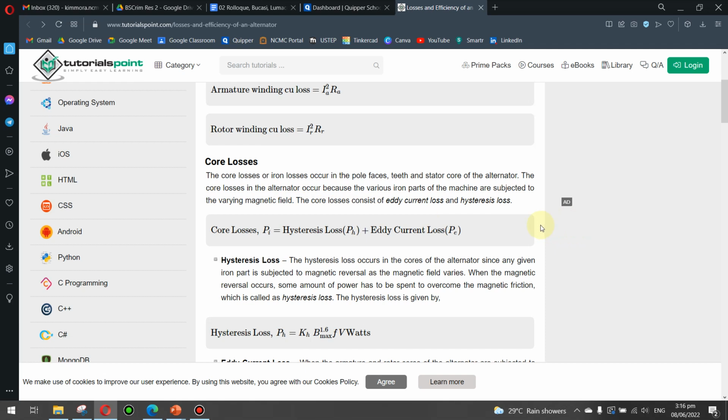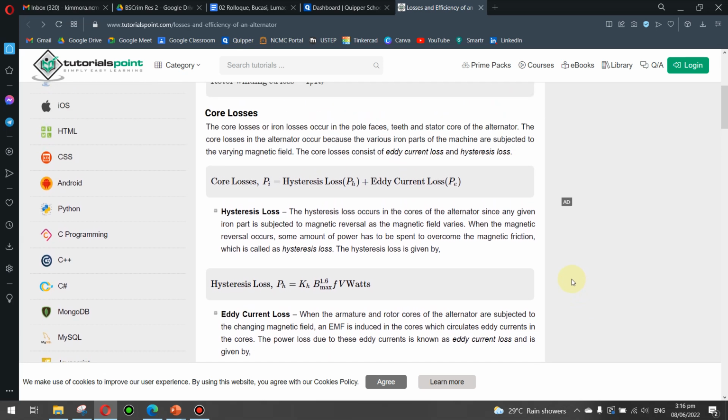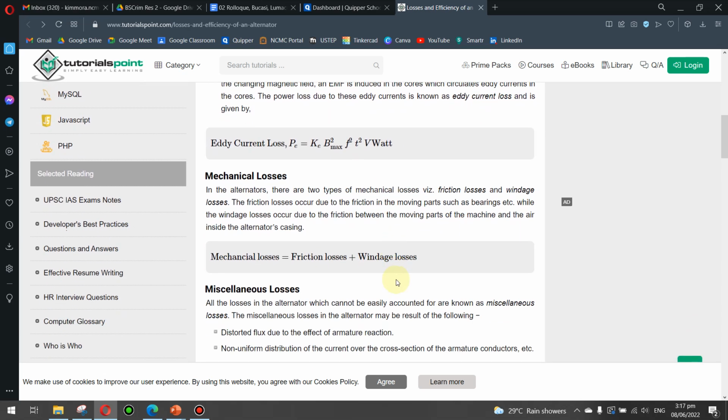Those are your core losses. The core losses consist of the eddy current loss and the hysteresis loss. You can read up on hysteresis and eddy current losses; just remember that core losses are composed of those two losses.